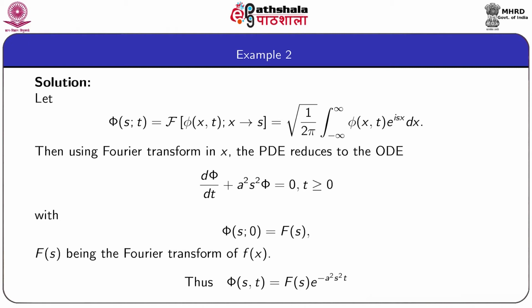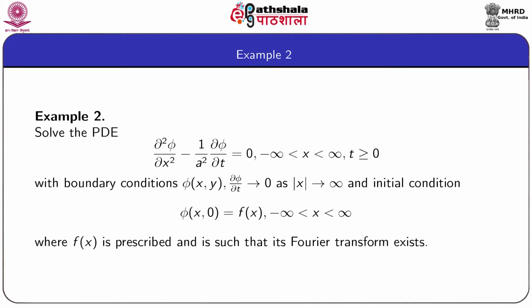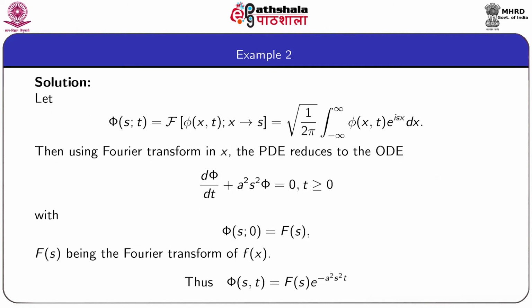Similarly, if we apply the Fourier transform to the condition phi at t equal to 0 equal to f(x), then this gets transformed to capital Phi at t equal to 0 is equal to capital Fs, where capital Fs is the Fourier transform of small f(x).